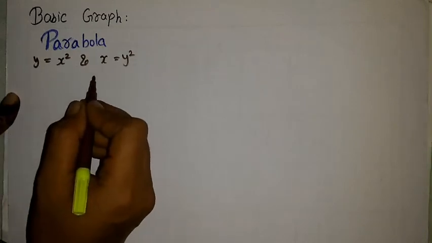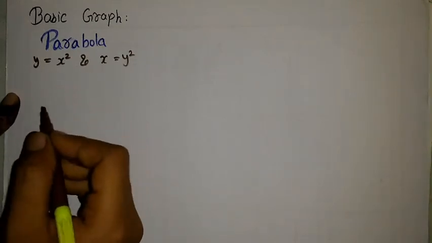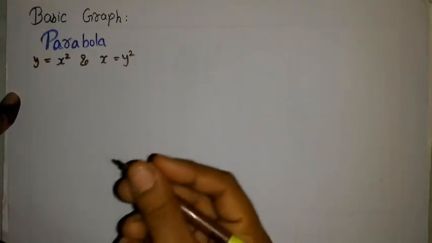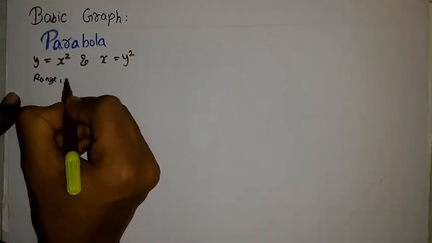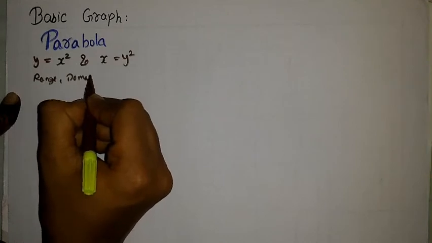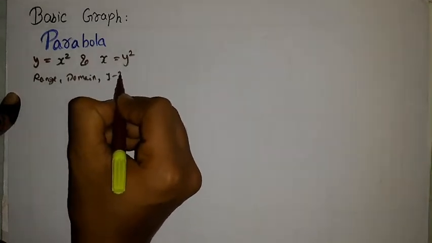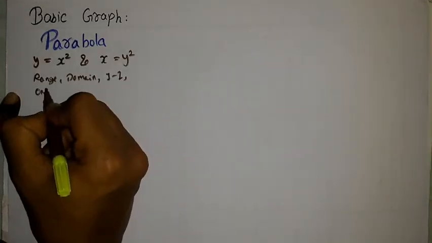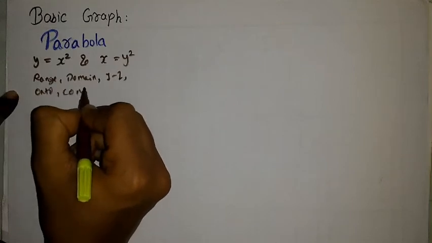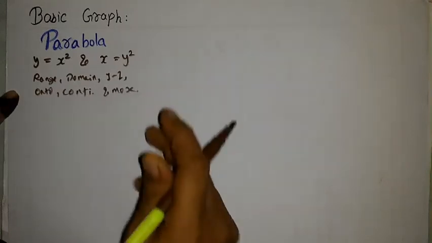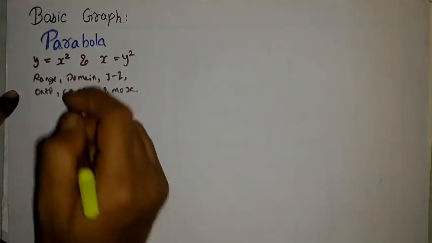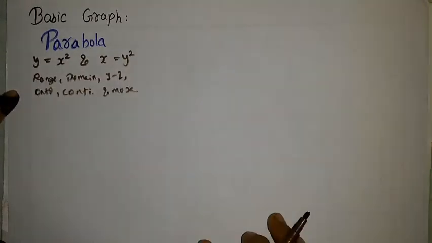If we draw the right graph, we can find many things: we can know the range, the domain, whether it's one-one, onto, continuous, and many more things. So it's very important to know the graph.